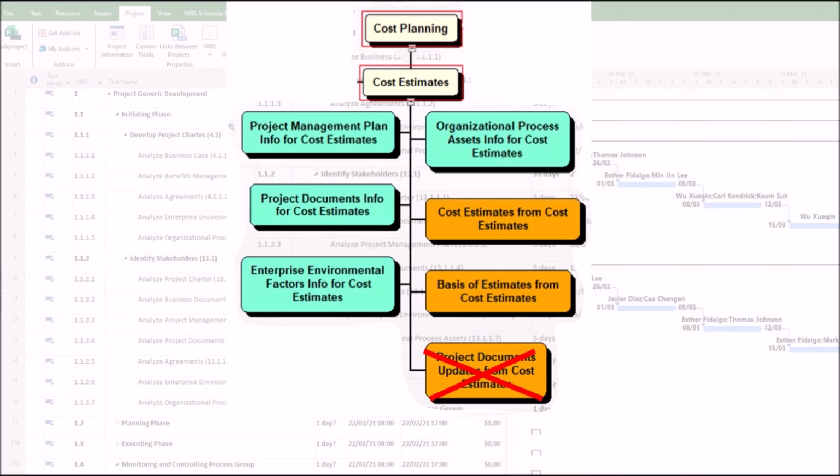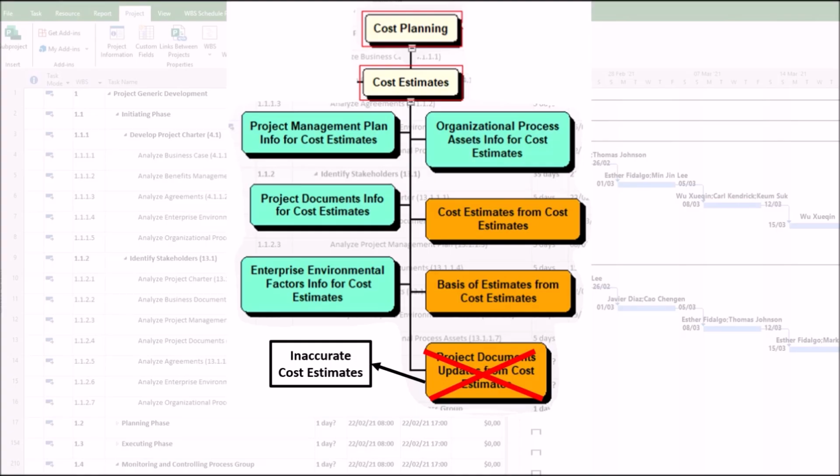How can a poor project documents updates analysis harm the estimate costs process? A poor project documents updates analysis in the estimate costs process can lead to significant risks, inaccuracies, and inefficiencies in cost management. Here's how a poor project documents updates analysis can harm the process. 1.